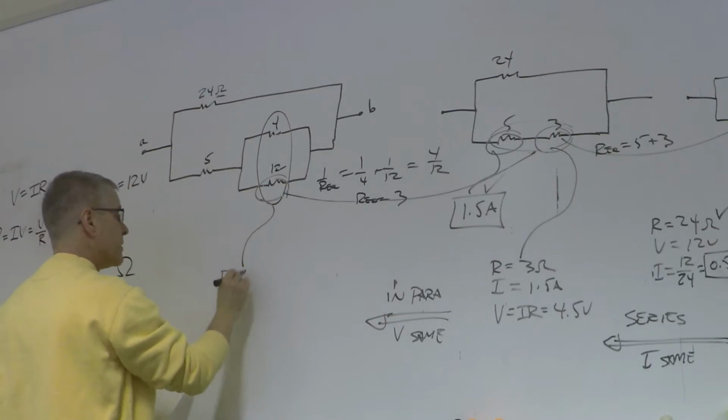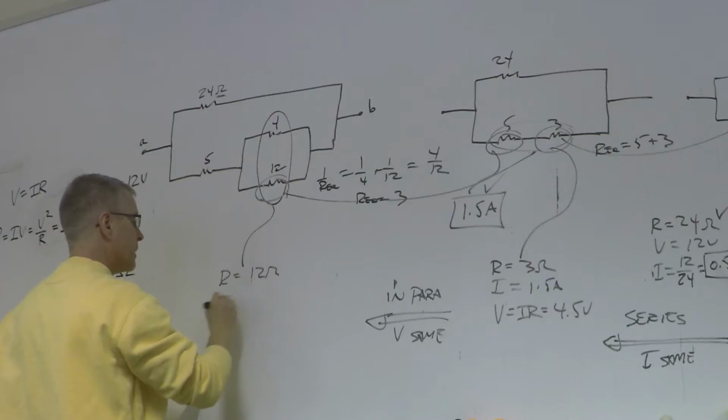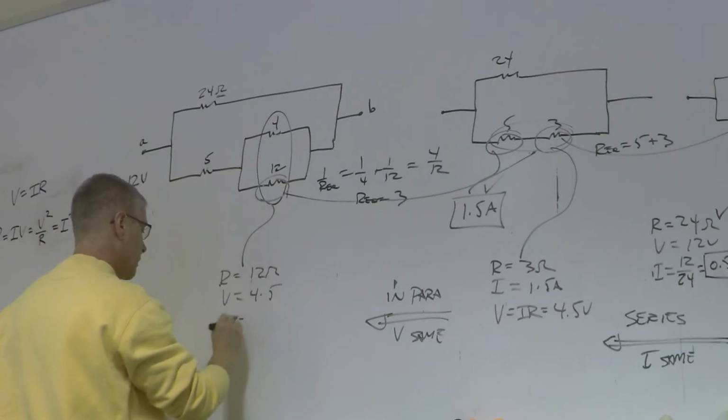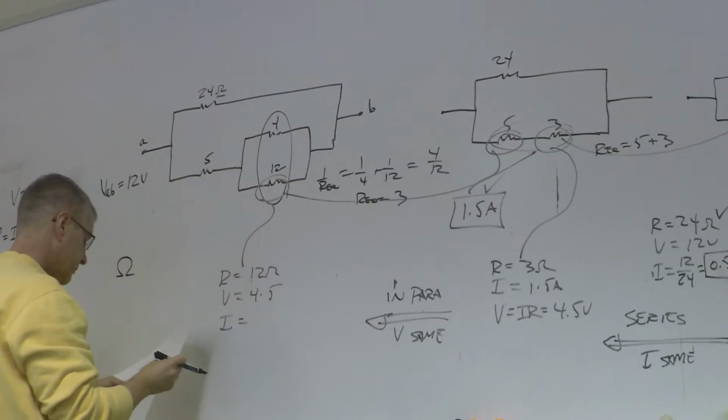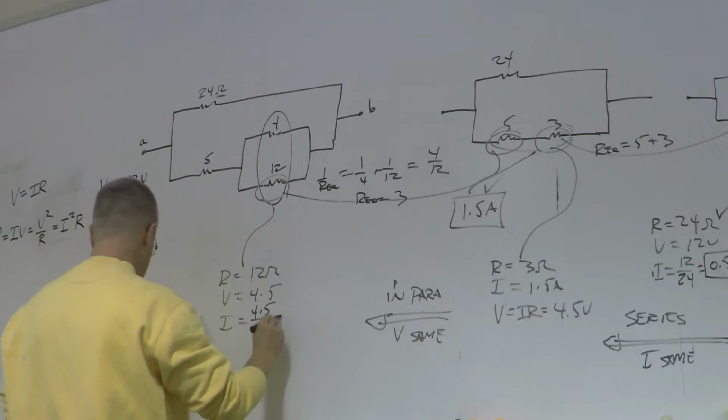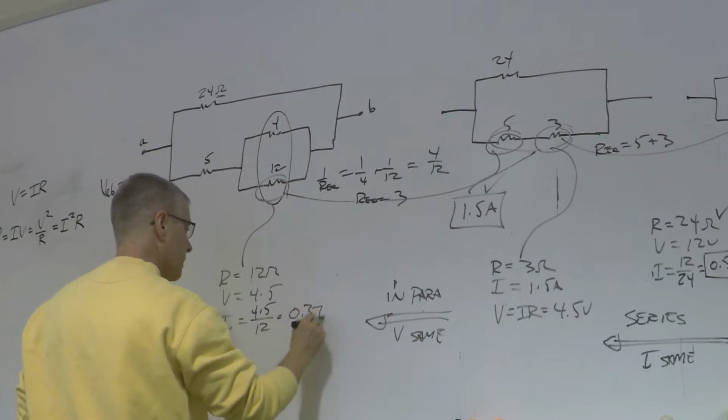So this has a resistance of 12 ohms, has a voltage of 4.5 volts, which means a current of 4.5 divided by 12.